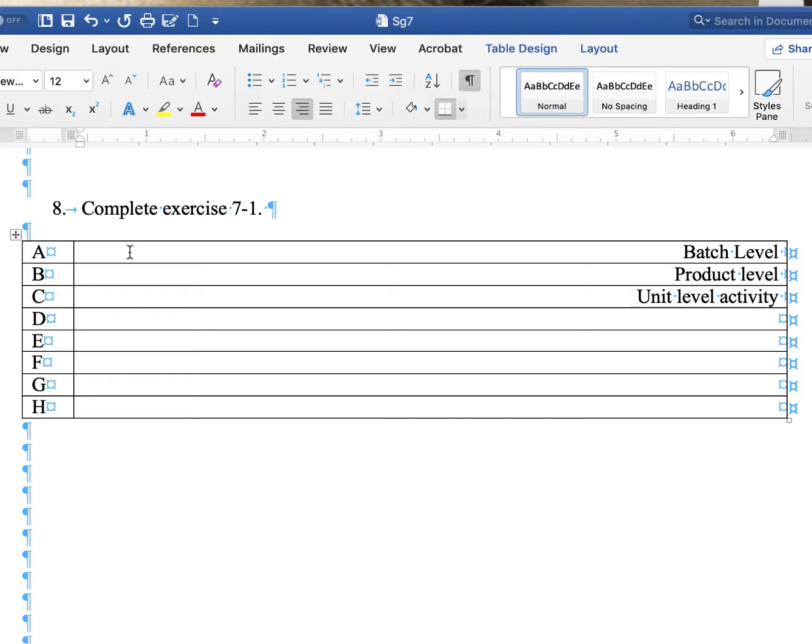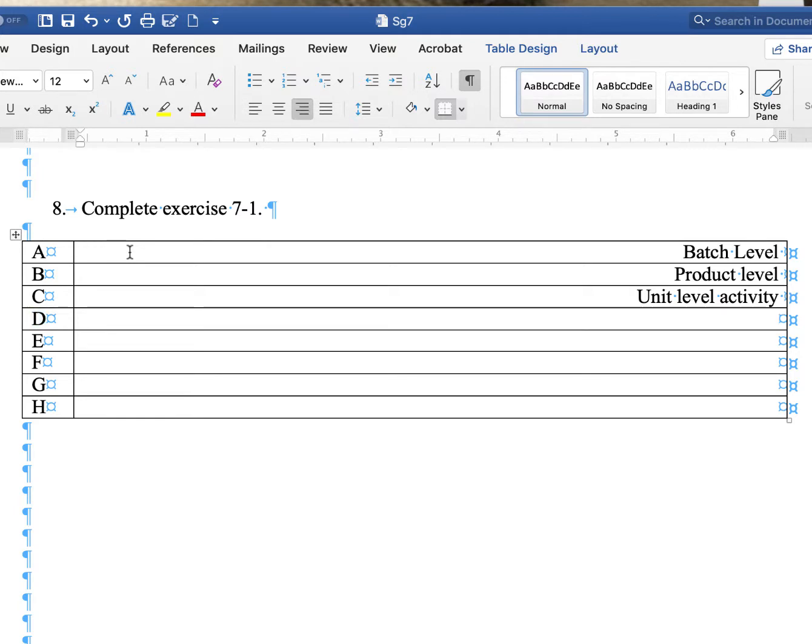It makes sense that since each part has to go through the milling process, it's going to be a unit level activity. You could go higher and say it's product level or batch level, but at the smallest level, every unit is going to go through that process.